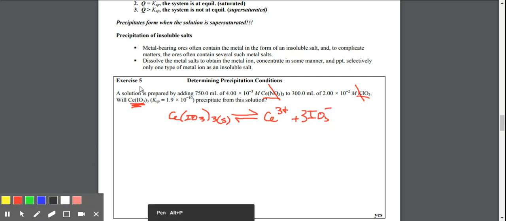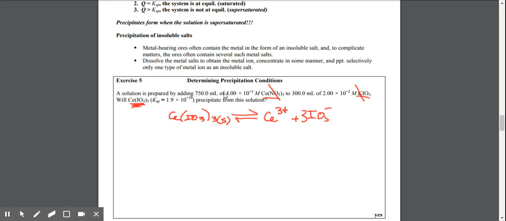If you worked the equilibrium lab with me, we talked about if I'm adding two solutions together, or if I'm mixing two solutions, what that is going to do is change my molarity. The reason why it's changing my molarity is because when I add these two things together, I'm changing my volume. And a volume change changes molarity because molarity is equal to moles over liters.